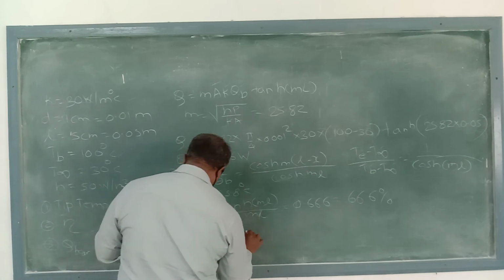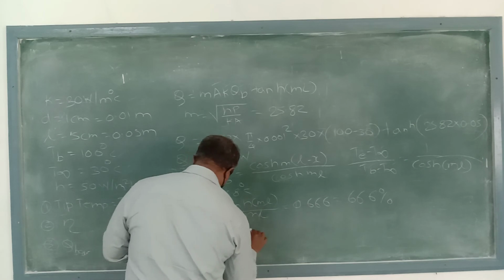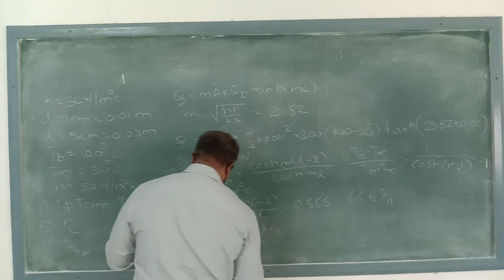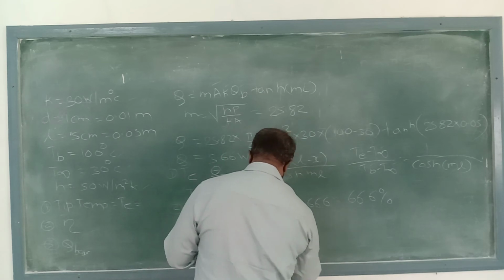Next, the third parameter, Q base, they have required. So for calculating this Q base, we have the formula h A theta b.